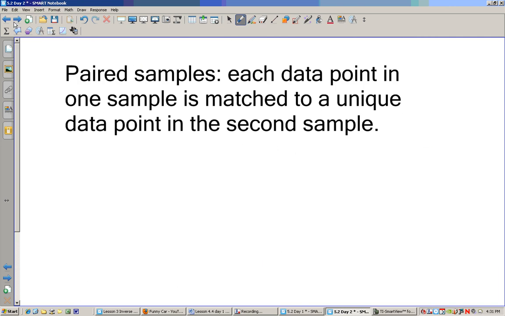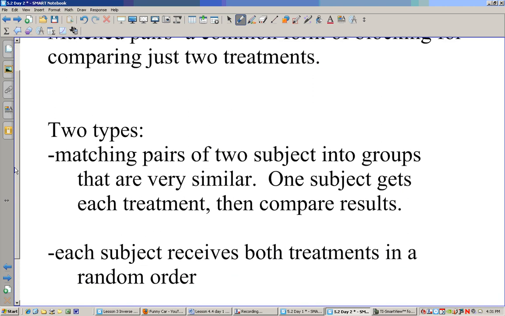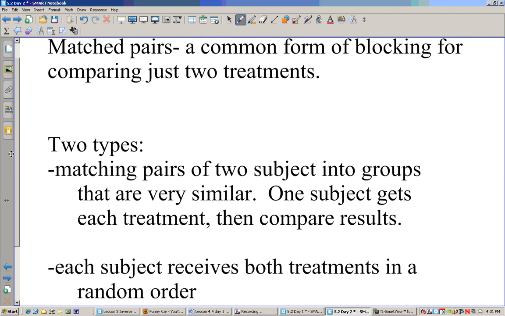There is a type of blocking where we have paired samples, where each data point in one sample is matched to a unique data point in the second sample. Matched pairs is a common form of blocking that compares just two treatments. Two types of matched pairs: one is matching subjects into groups that are very similar, where one subject gets one treatment and the other doesn't, and then they compare the results.